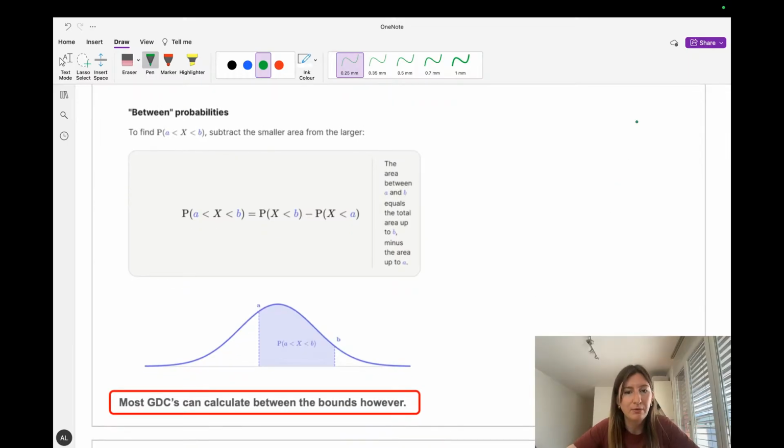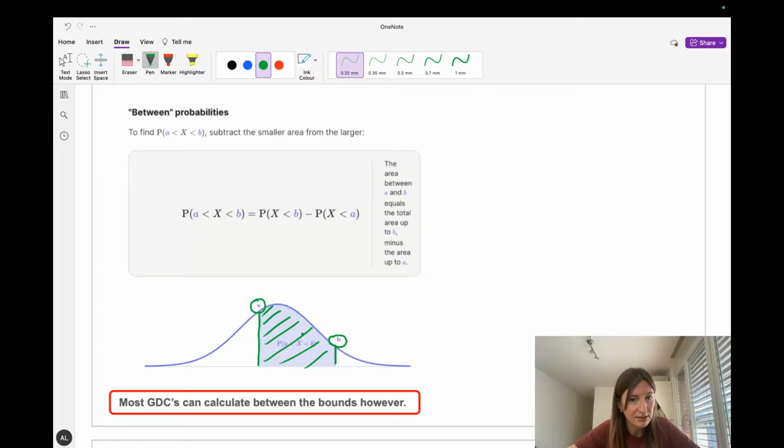Similarly, between probabilities, this is if we have two values. So we want between here, A, and here, B. I want to know, what is this area? And luckily, most calculators are going to give that to you really nice and easily. You'll put in your A value, you'll put in your B value, you'll put in your standard deviation and your mean, and it will just give you the area immediately.